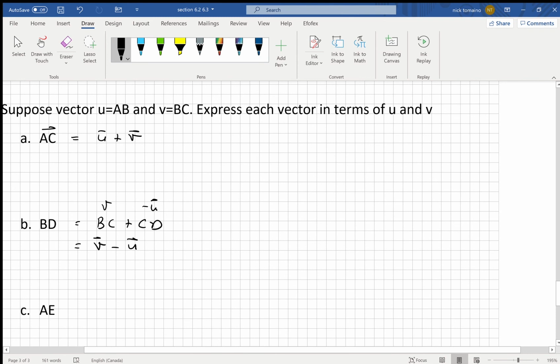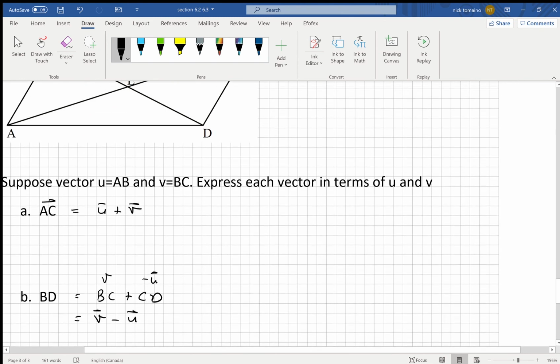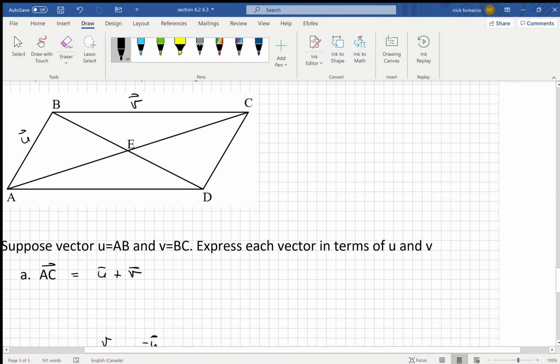Next one, AE. We're going from A to E. Again, there are two ways you can go. We can go this way first. We can go from A to some point here, and then go up like this.